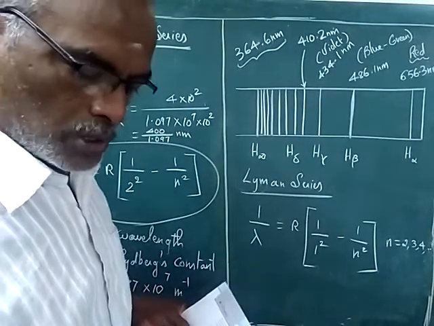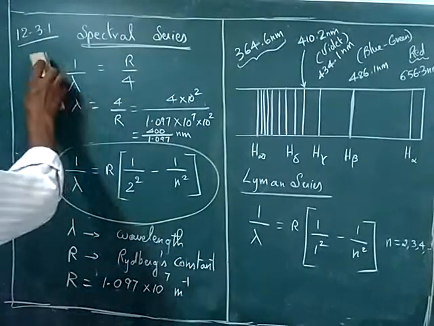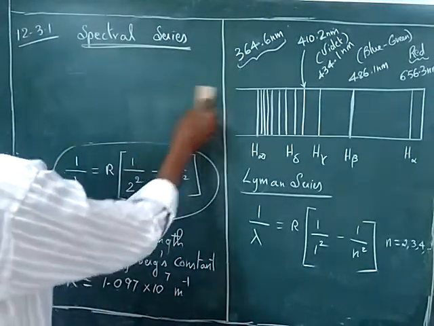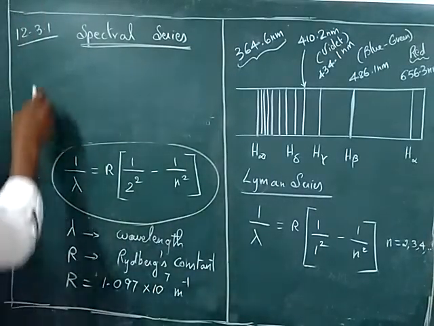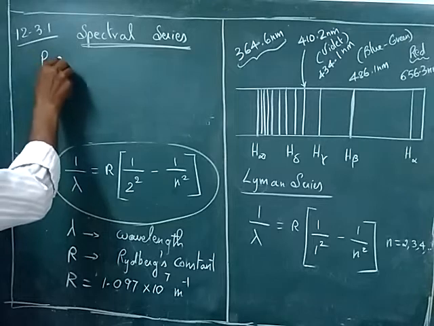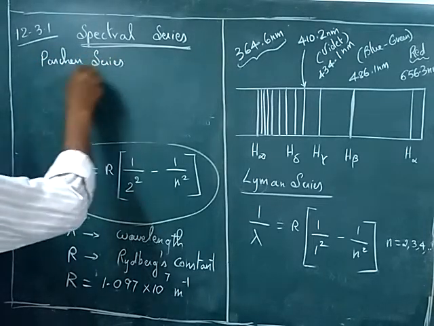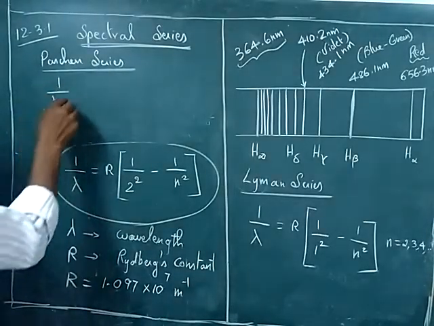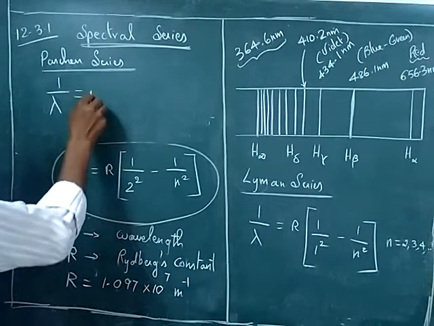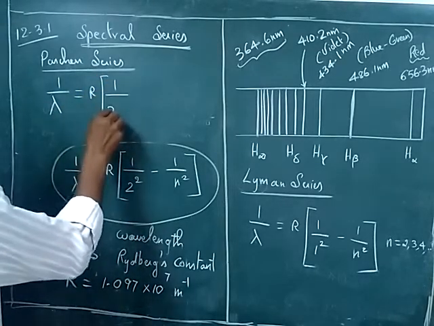Then we will move on to the Paschen series. In the Paschen series, 1 by lambda is equal to R into 1 by 3 square minus 1 by n square.